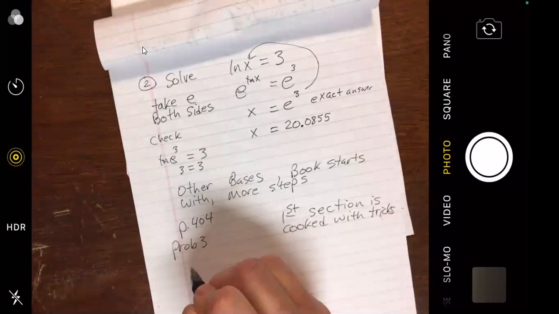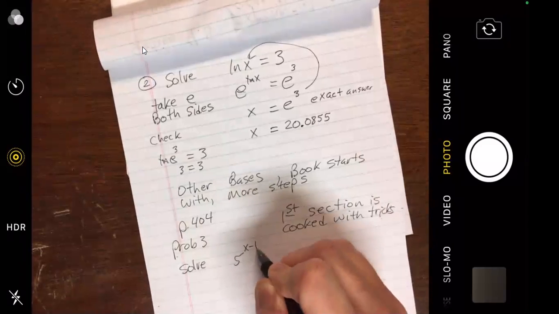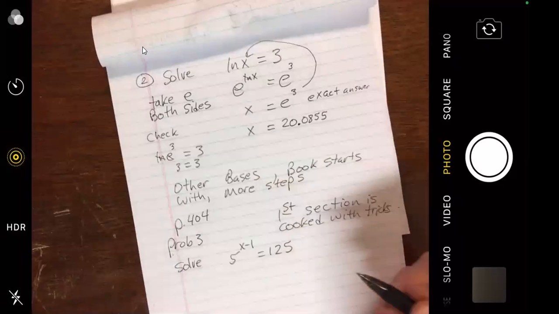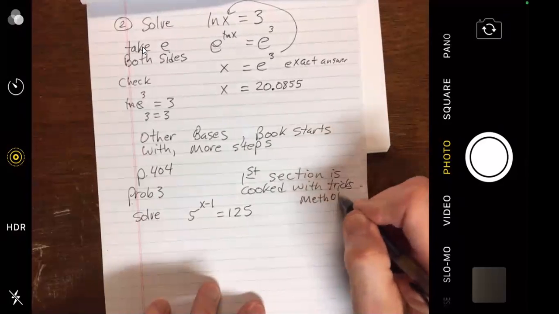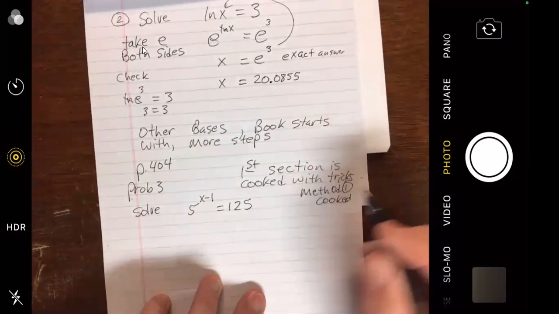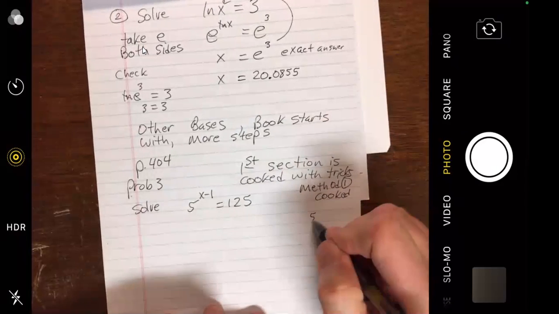So problem 3 says solve 5 to the x minus 1 equals 125. Well, I guess we'll call it method 1, cooked. Meaning you're supposed to notice that 125 can be written as 5 to the 3rd.